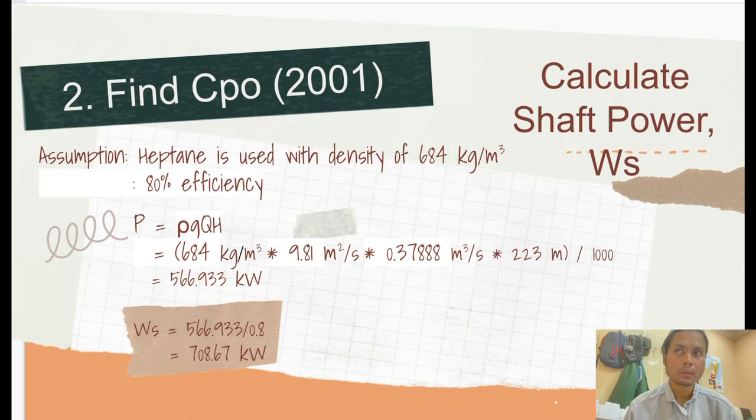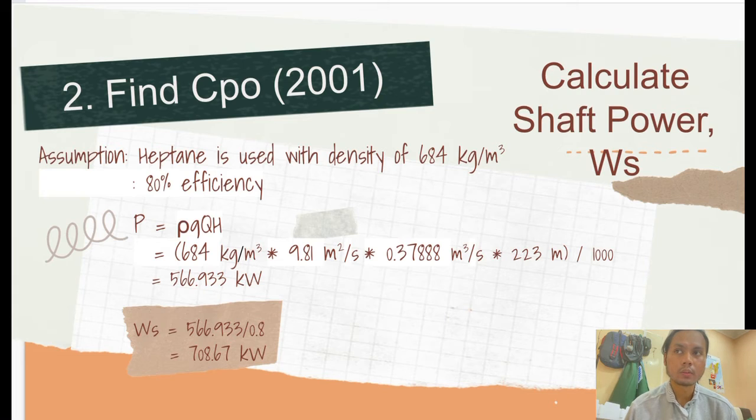Next, first we need to find the CP0 for 2001. We assume heptane is used, with density of 684 kg per meter cubed and 80% efficiency. The first is P = ρgQH. We put in the values: 684 kg per meter cubed times 9.81 meter per second squared times 0.3788 meter cubed per second times 223 meter, divided by 1000.